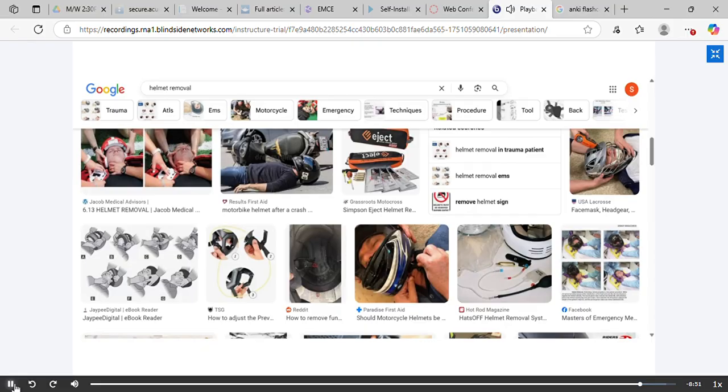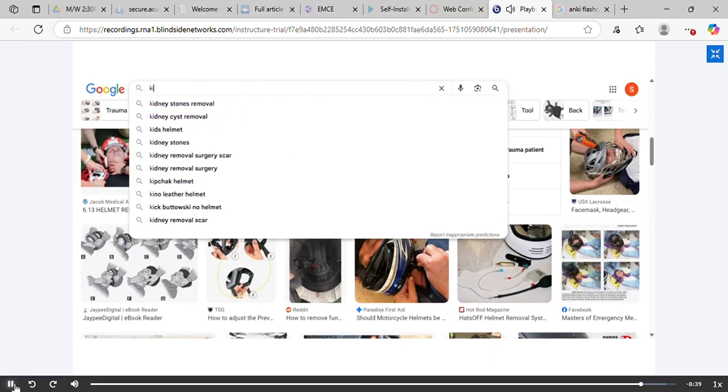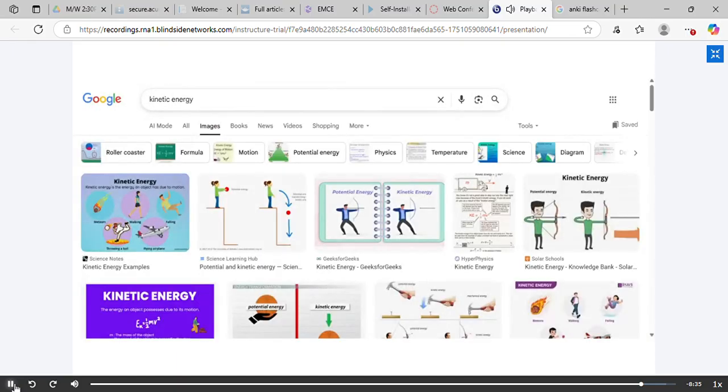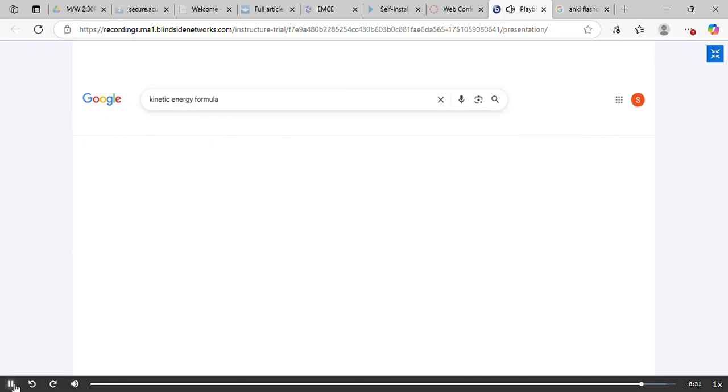Trauma itself, when we're talking about trauma and the actual energy transfer, I want you guys to think about kinetic energy. Okay. Kinetic energy formula. There you go.